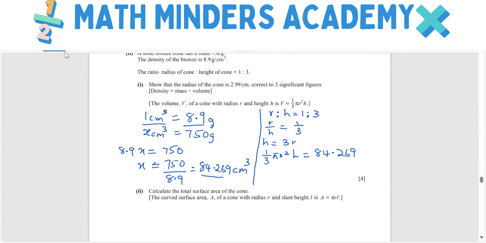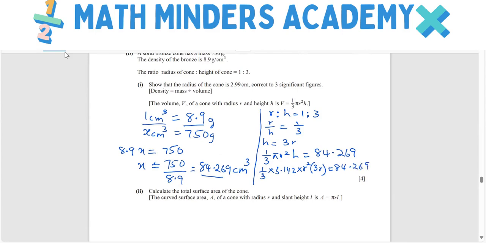So what we have here is 1/3 times 3.142 times r squared. Then this is 3r here, because we say h is equivalent to 3r. And this will give us 84.269.